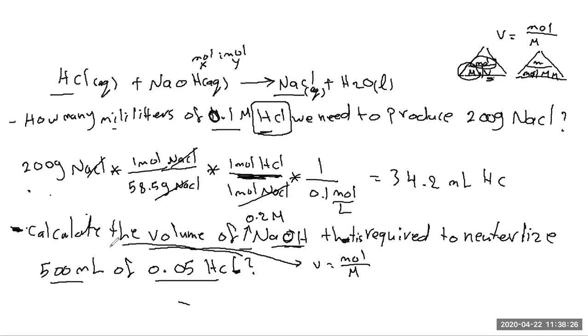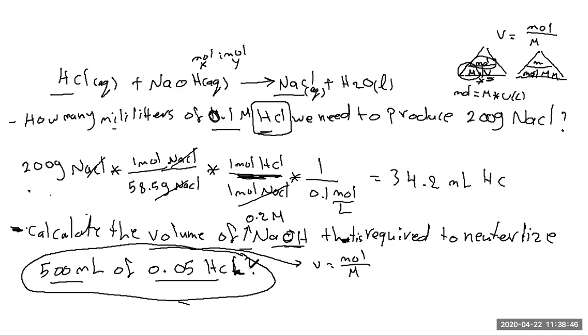We have the volume and molarity of HCl. Mole equals molarity times the volume, in liter. We will get the mole. But this mole will be for HCl. Then we will use the mole to mole ratio to calculate the NaOH.